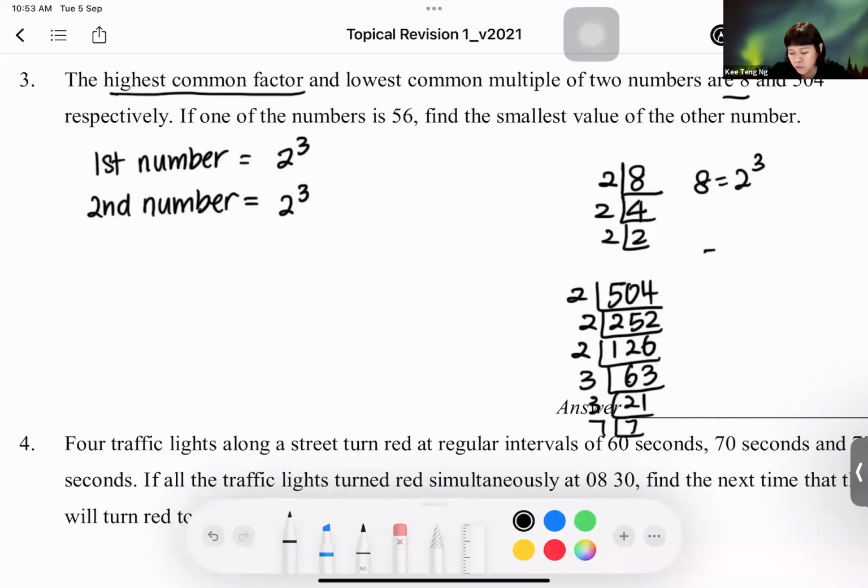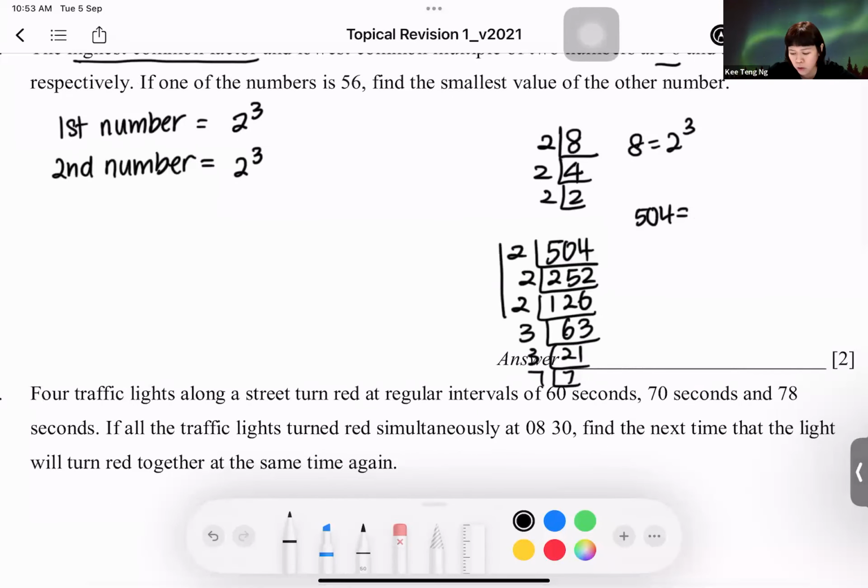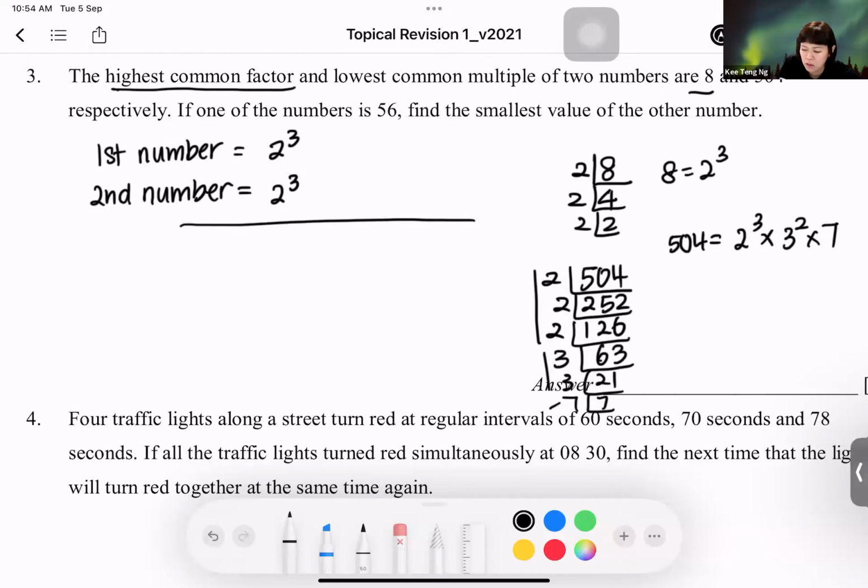So 504 can be expressed as a product of 2 to the power of 3, 3 squared, and the number 7. Okay, so 504 has the factor 2 cubed, 8. You notice for 504, I have already satisfied 2 cubed, no problem.